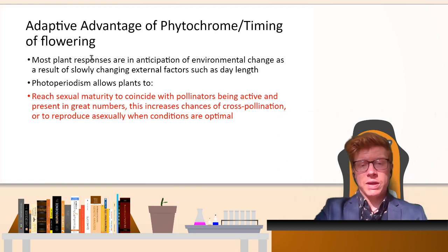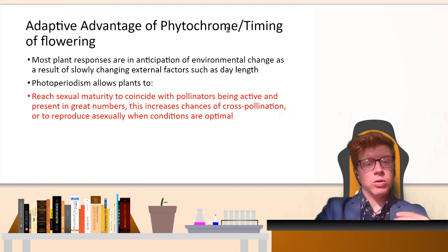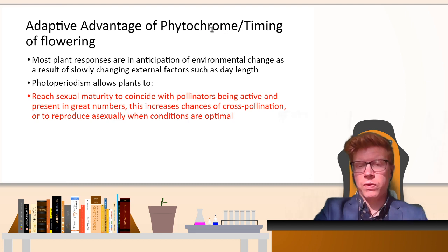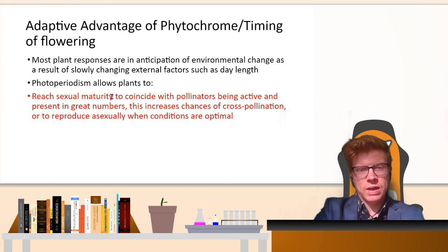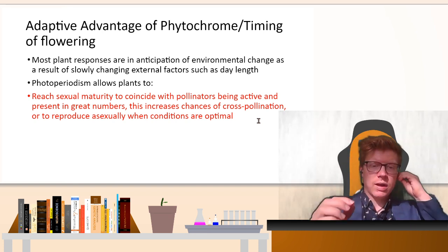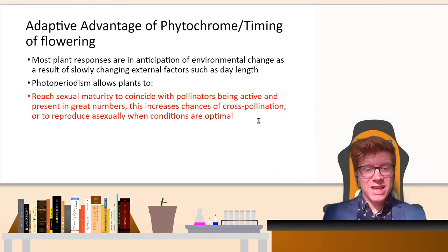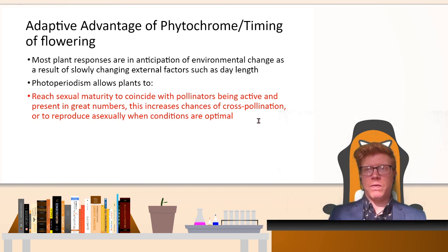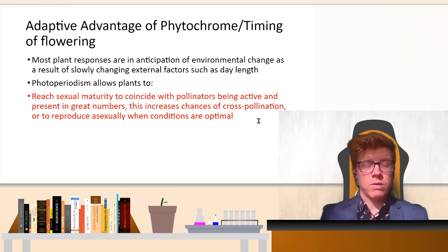So there are some examples in here about how phytochrome, or timing of flowering, allows a plant to have a selective advantage. One good example is that if you time sexual maturity, you time that flowering and that ability to be ready to be pollinated, with pollinators being active and present in greater numbers, then that increases your chances of cross-pollination. It increases your chances of reproducing sexually as opposed to asexually, so having a greater series of genetic variation, and possibly a number of other conditions depending on how you pollinate.